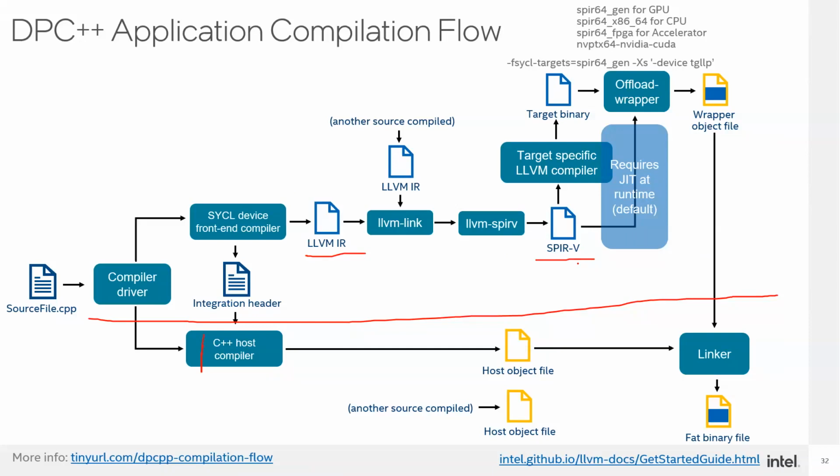And then there are multiple choices in SYCL, in DPC++, for how you want to work further. You can put the SPIR-V binary into a final fat binary, wrapping it somehow.